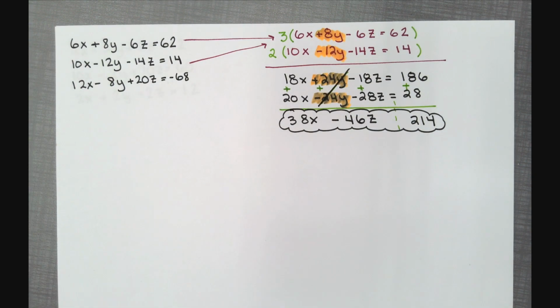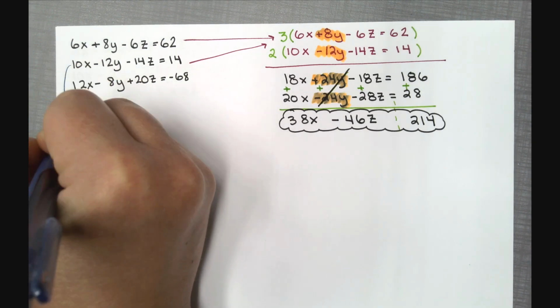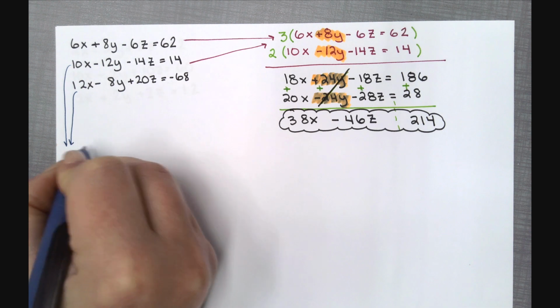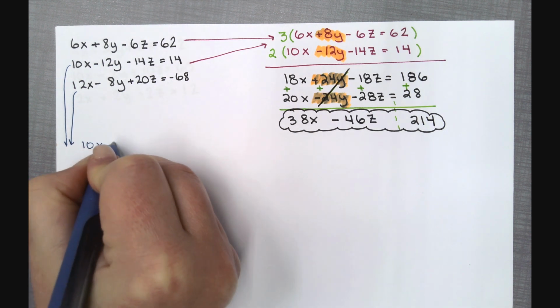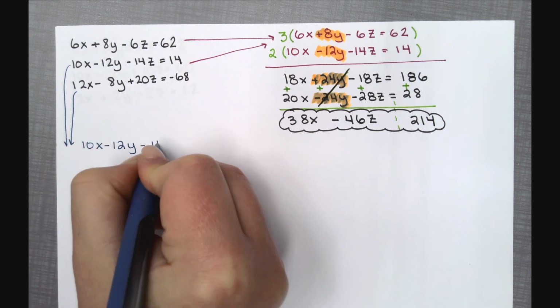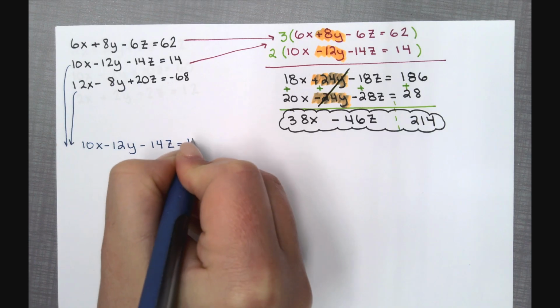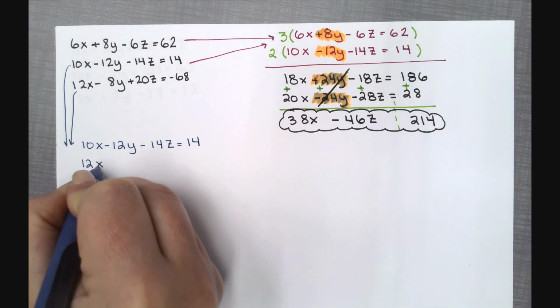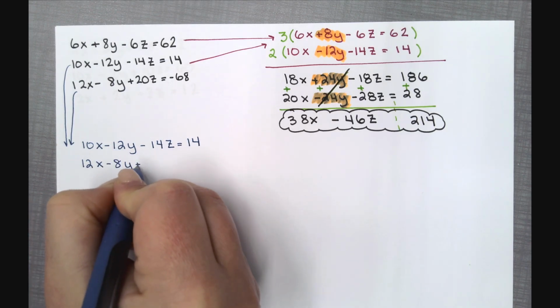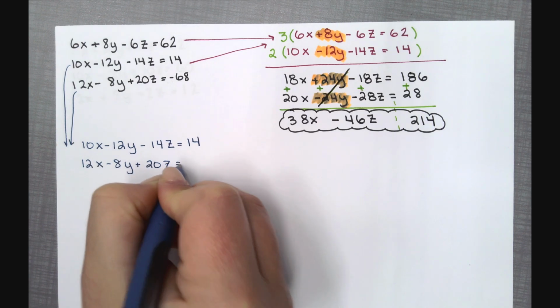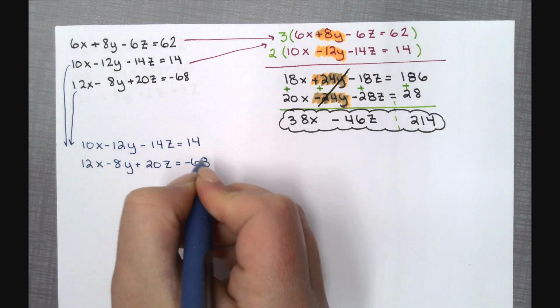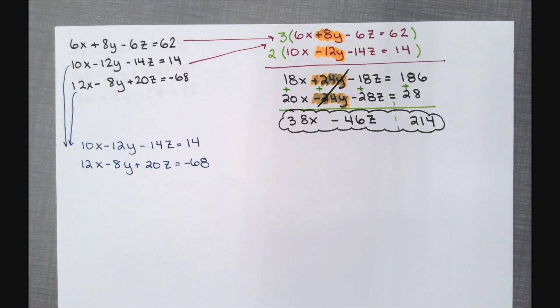Now I'm going to pick up my bottom two equations from the original given ones. We got 10x minus 12y minus 14z equals 14. 12x minus 8y plus 20z equals negative 68. Now, reminder, in step number 2, you no longer have a choice.